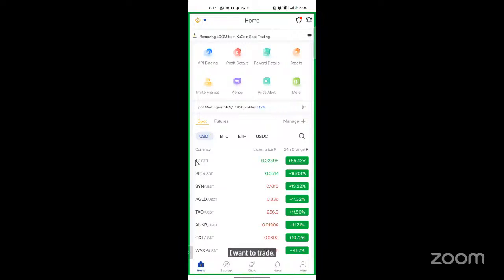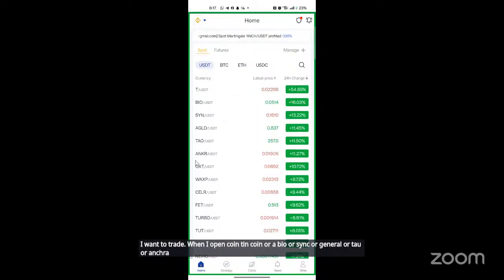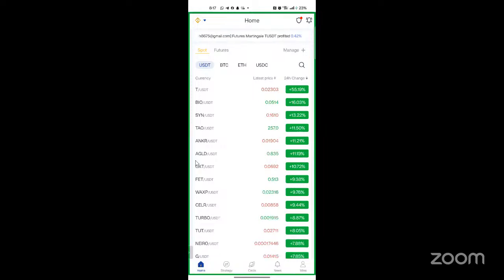When I open coins like T, Bio, Sync, GNL, Tau or Ankara, these coins that are on top by percentage change are coins that are doing well.